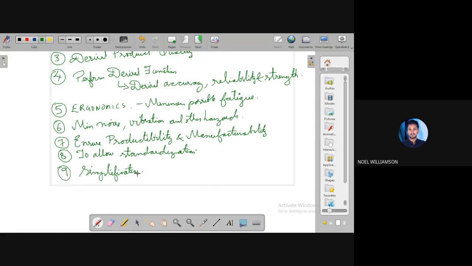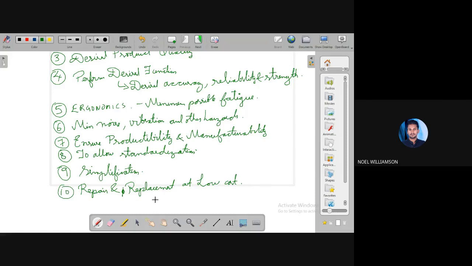Then last one, it should provide repair and replacement at low cost. So the repairing and replacement should be made possible at low cost.